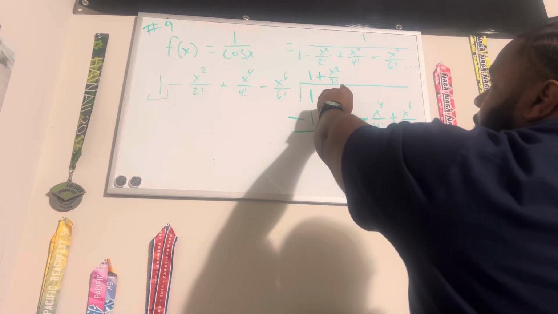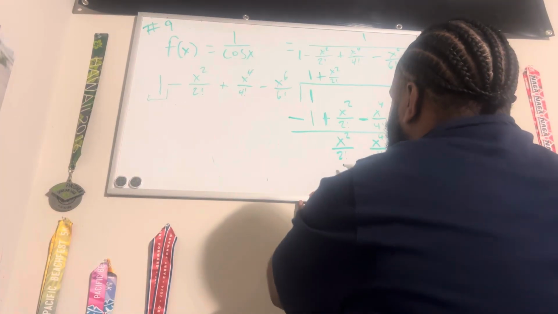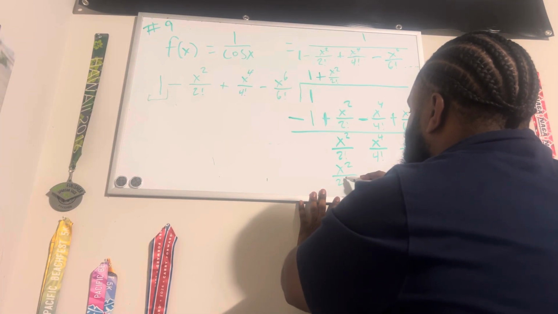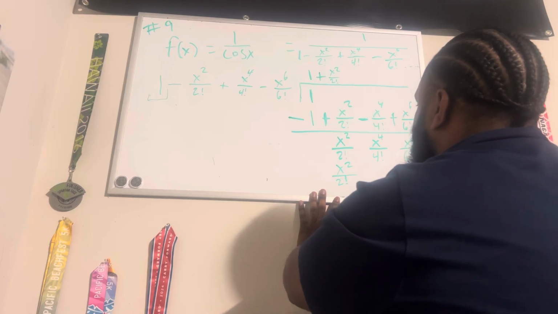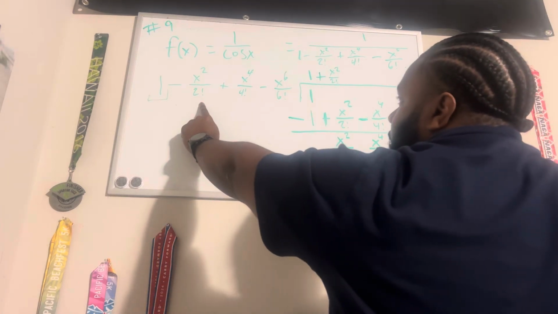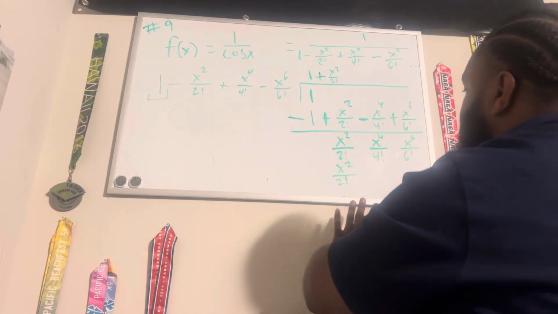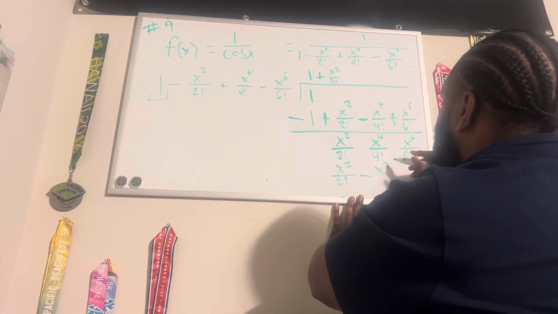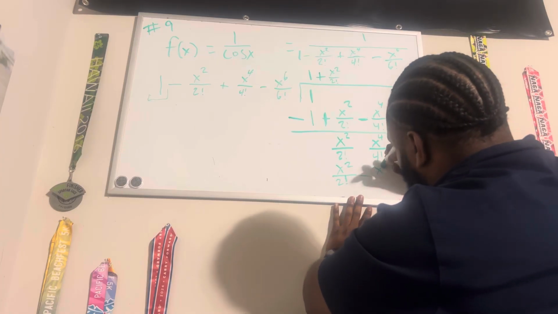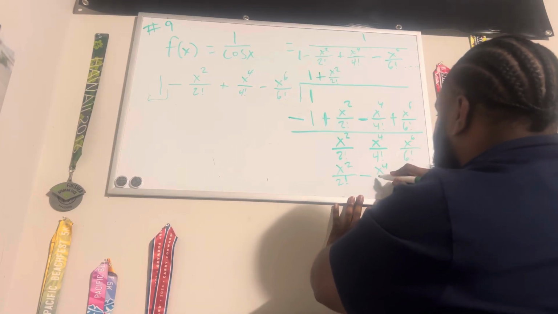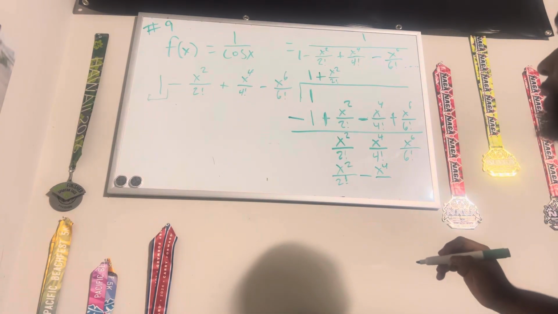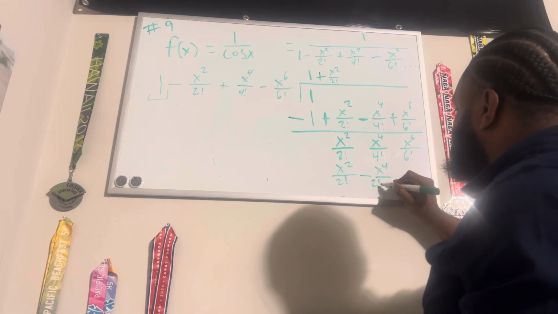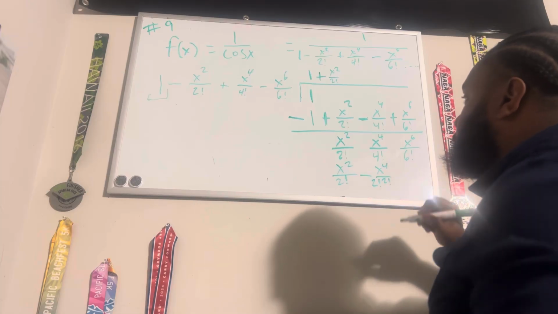So 2 factorial multiplied by 1 gives you x squared over 2 factorial, and then multiplied by a negative x squared, you get a negative x to the 4th. I'm sure you can see this, x to the 4th, over 2 factorial times 2 factorial.